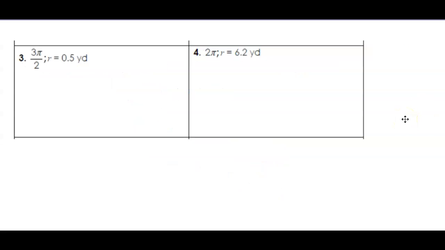So I'm not going to do another example given radians. I mean, I could, it wouldn't matter here. 3 pi over 2 times a radius of 0.5 yards. If you multiplied that, it would become 3 pi over 4. I'll show you.